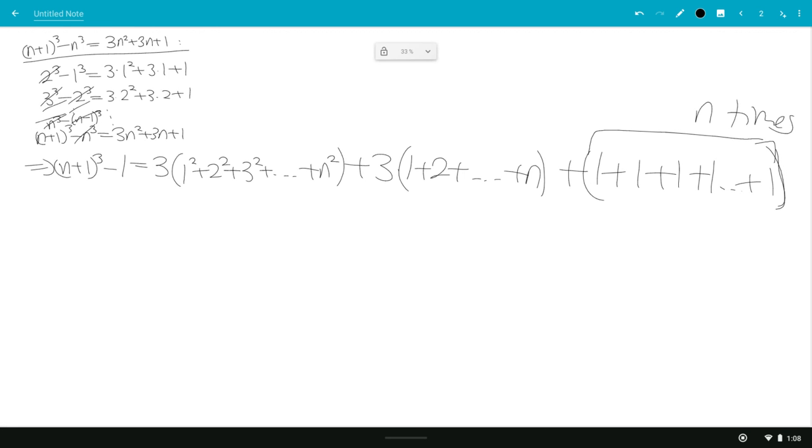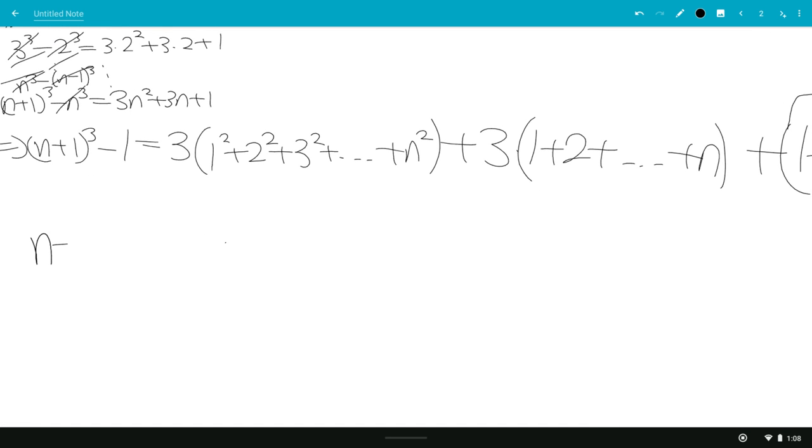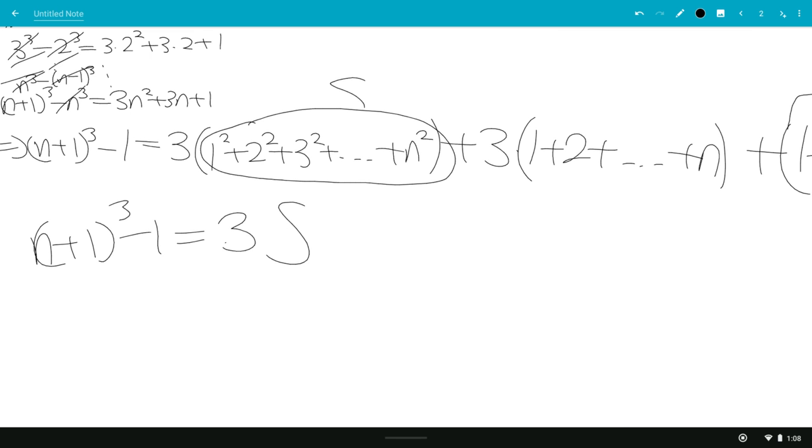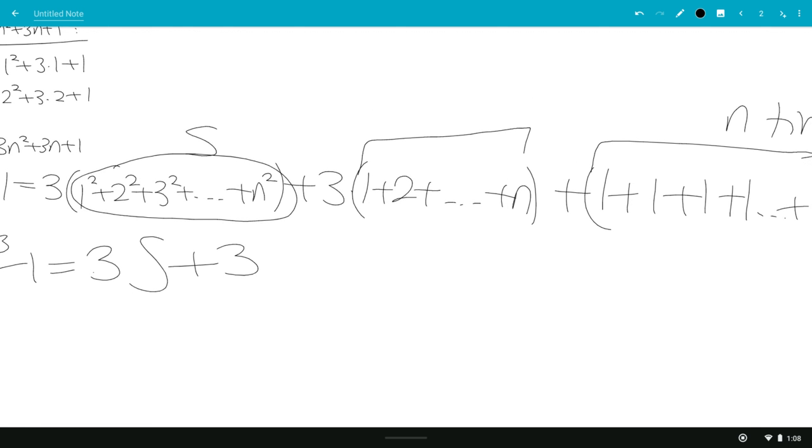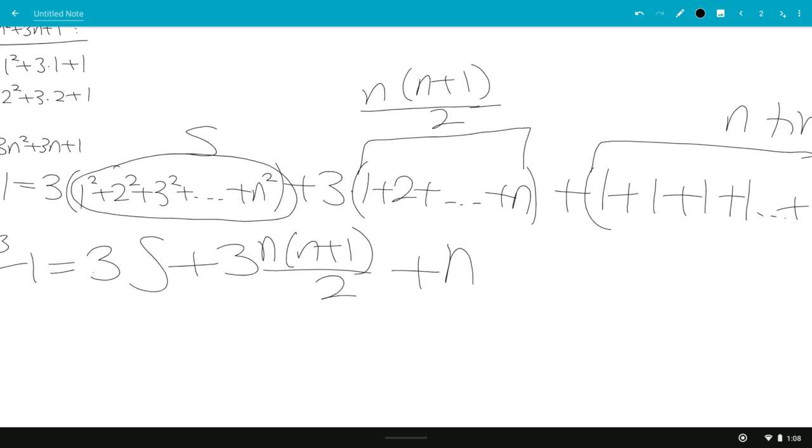So what you're left with is (n+1)^3 - 1 equals, we'll just call this S for now, plus 3 times the sum of integers. We know this is just n(n+1)/2. So it'll be 3n times (n+1)/2 plus n times 1, which is just n.